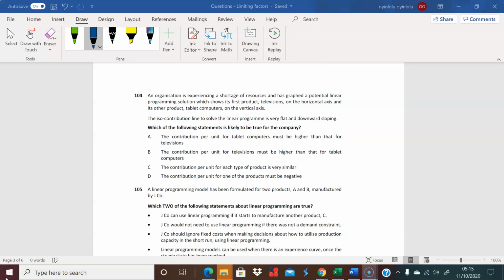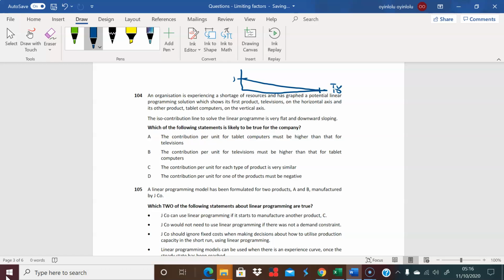Right, and let's look at 104. They're telling us this organization is experiencing a shortage of resources and has graphed a potential linear programming solution, and it looks something like this. You have TVs here at the far end, imagine this is 10 TVs, and you have one tablet here. That's what they're telling you. They're telling you that the curve itself is very flat and downward sloping.